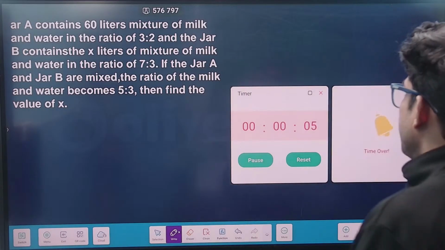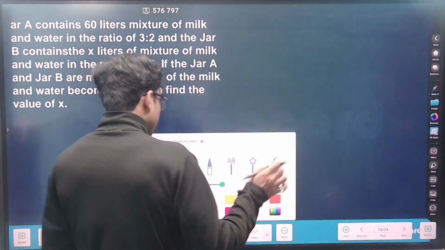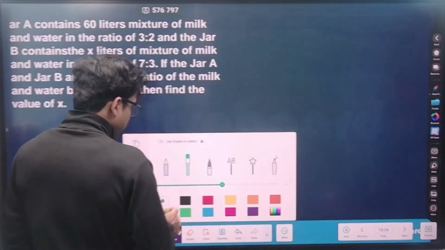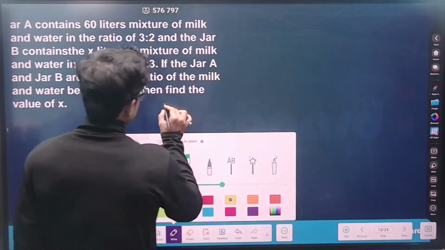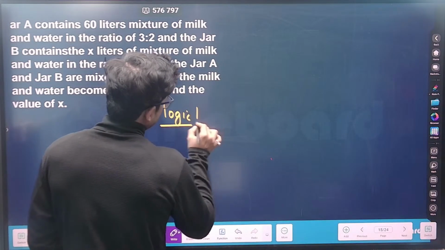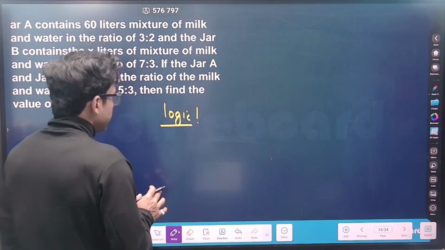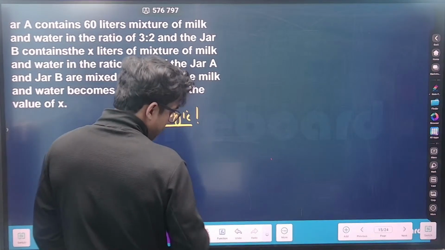Now if you look at this question, I would apply one of the logics. What that logic is, you should understand. The logic is that I will be using a method called alligation.